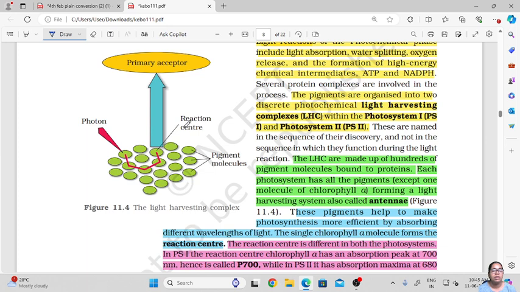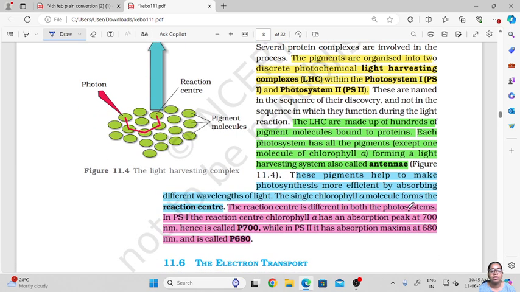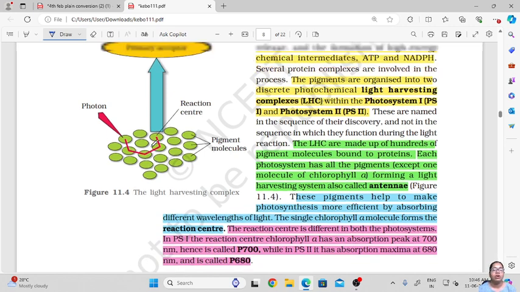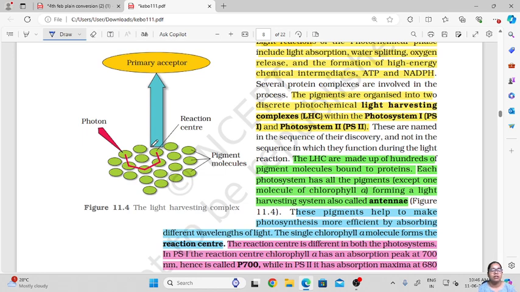The reaction center is different in both photosystems. In photosystem 1 the reaction center chlorophyll A has an absorbance of 700 nanometer, and hence it is called P700, that is PS1, while in photosystem 2 the maximum wavelength of absorption is 680, hence it is called P680, that is PS2. So this is how the light harvesting complex works, as in how the light is absorbed by the pigments and then the reaction will take place.